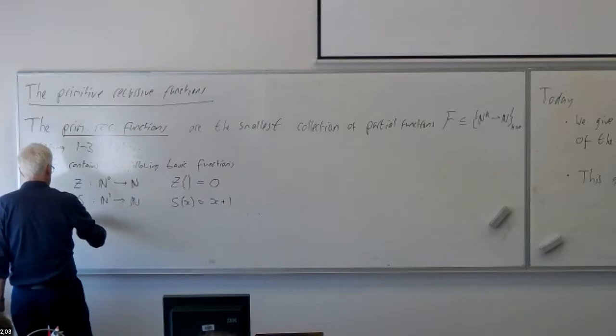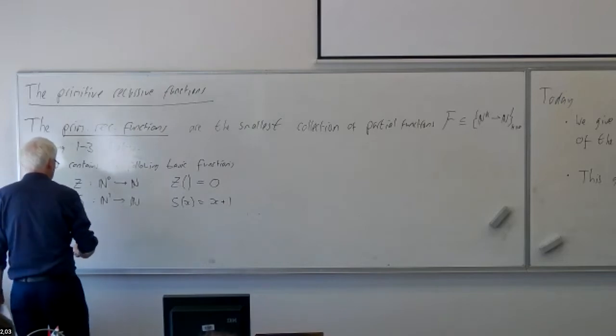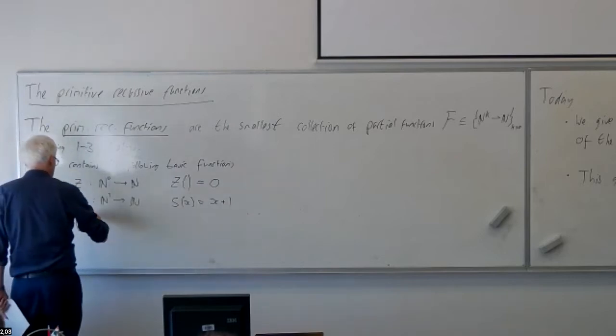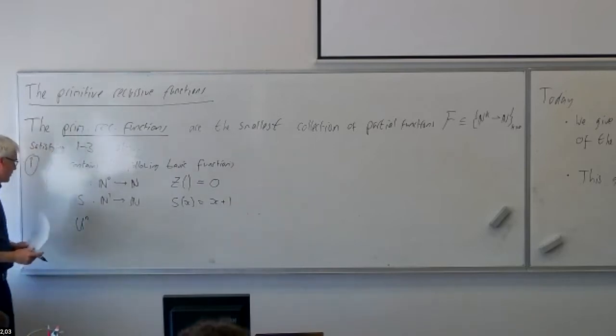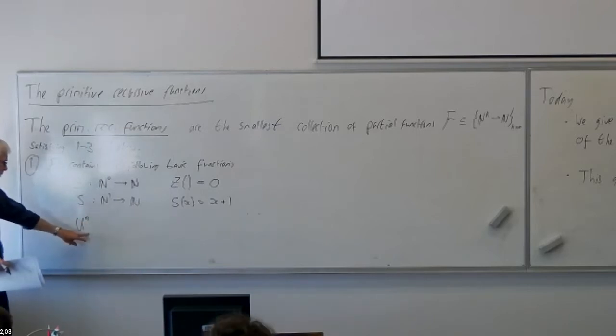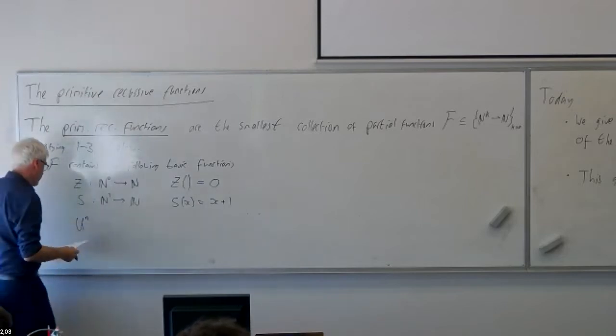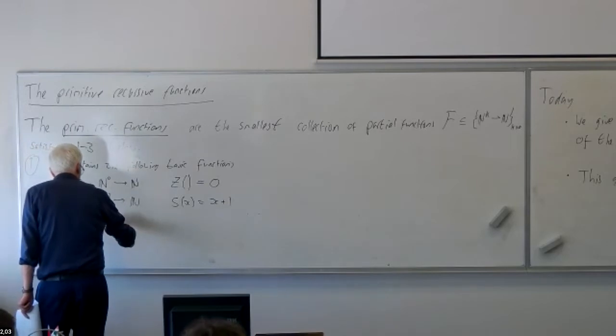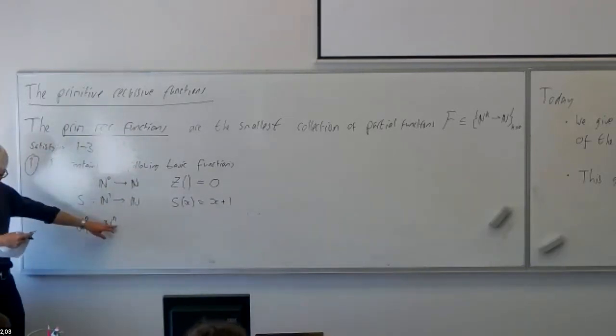The last one are the projection functions. The projection function allows us to project an n tuple of arguments onto its I value, the value of position I. So this is going to go from natural numbers to the power of little n.